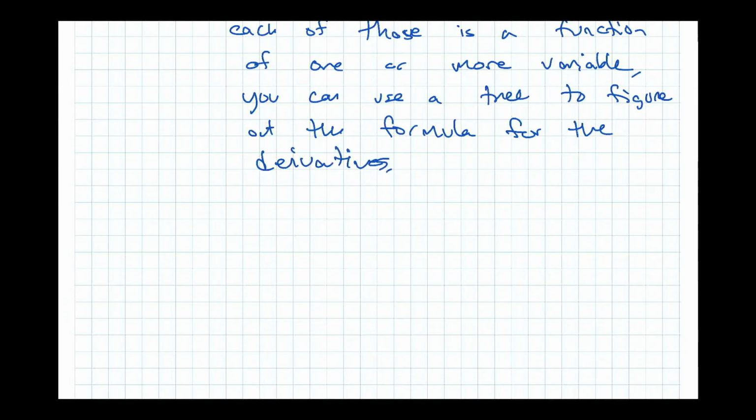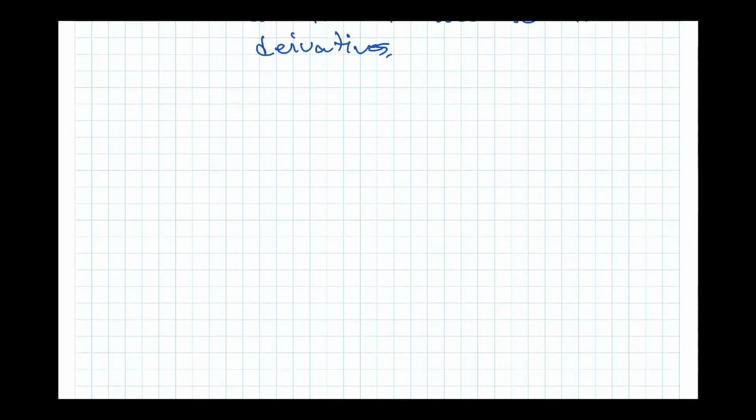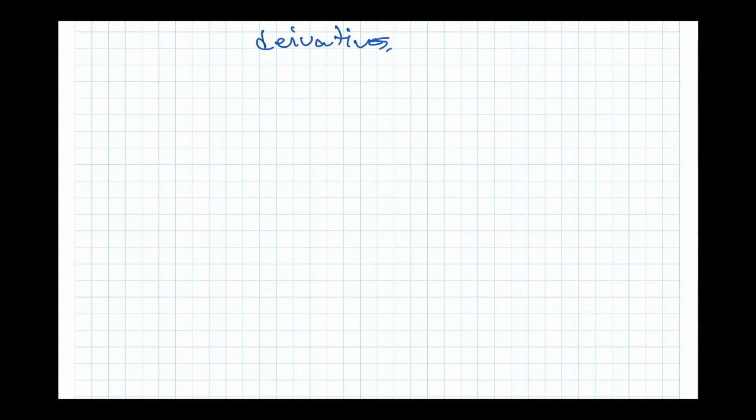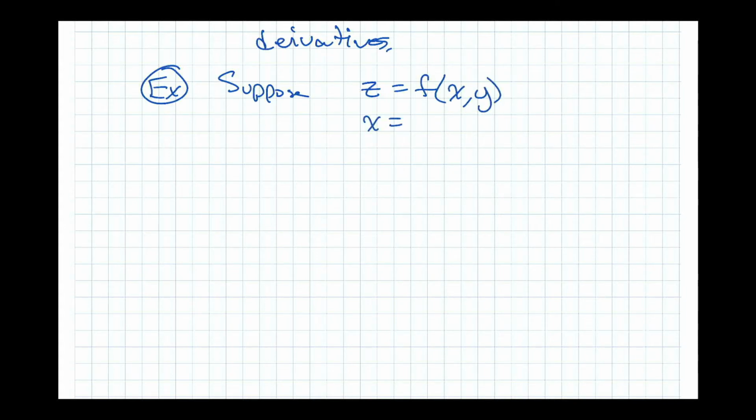All right, so how does this work? Well, I'll show you based on the one that we already know. This is going to be an example, and then we'll see it for other cases. So suppose z is a function of x and y, and then x is a function of t, and y is also a function of t.